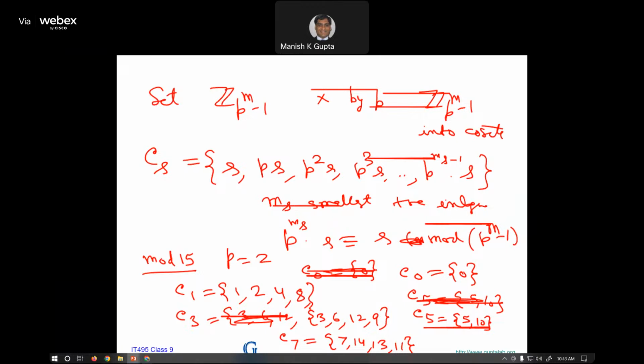And 11 into 2 is 22, modulo 15 is 7. I hope you are able to do this, right? Now you see, do we need to go further? All the elements of modulo 15 are here. Everything is partitioned. These are known as circle cutting, meaning cyclotomic cosets. They are a beautiful thing, and they will help you to find the primitive polynomials. Okay, and how do we do that?